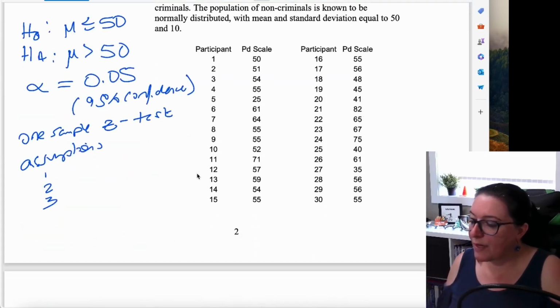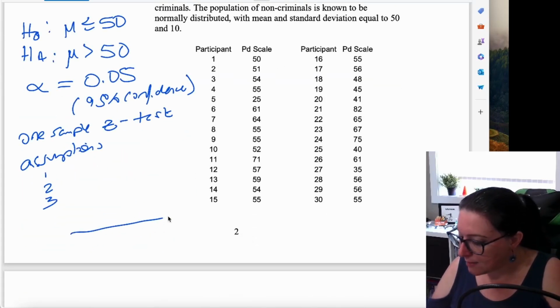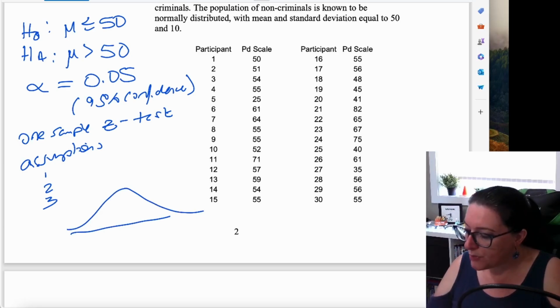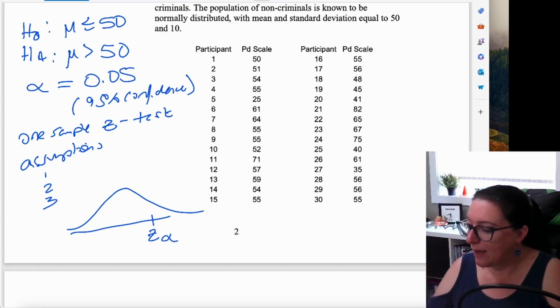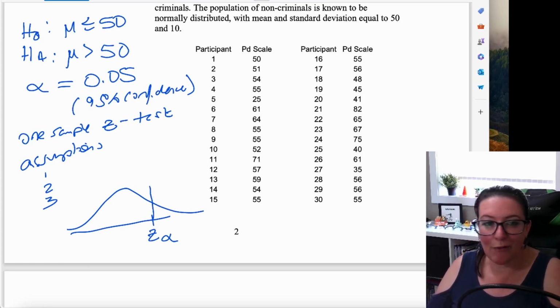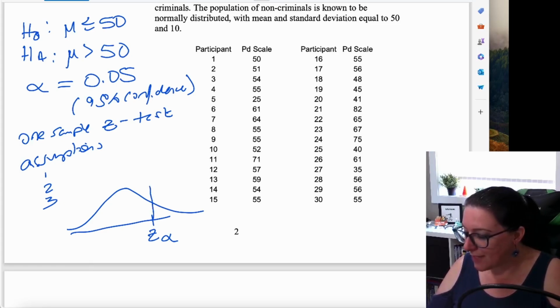So what we have here is a one-tailed test. So essentially, what we're going to do is find our critical value z, based on alpha. Okay. And it is a one-tailed test where we are looking at greater than. This z alpha will give us that this area here is 0.05.